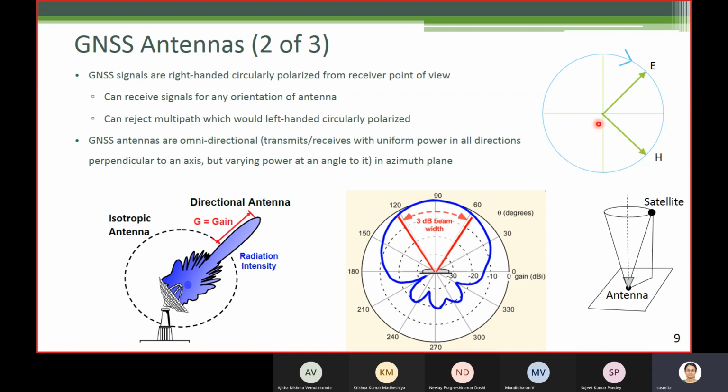Electric field and magnetic field are rotating clockwise in the XY plane, and the direction of propagation is perpendicular to the slide, pointing away from the slide. Now, why are GNSS signals designed as right-handed circularly polarized?